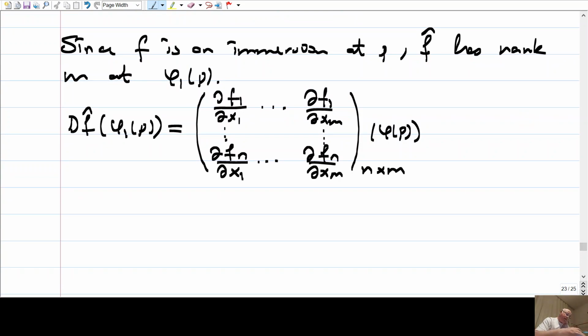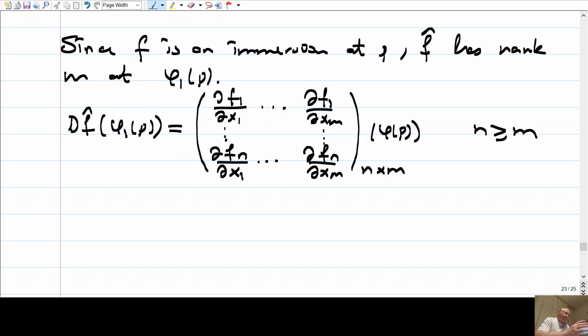Now this matrix has rank m, and it has m columns. Therefore, all the columns are linearly independent, and it has n rows. And n is larger than or equal to m because it's an immersion. So this means m of these rows are linearly independent. Of course, the linearly independent ones do not have to be the first m of them, right? It might be the second one and then the fifth one, and so on.